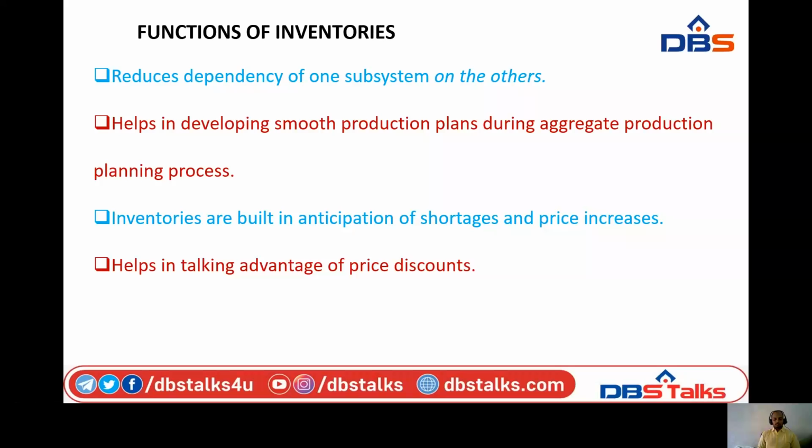So the basic models for inventory are EOQ and EPQ, economic order quantity and economic production quantity. These are the methods we will discuss clearly in the upcoming videos also.